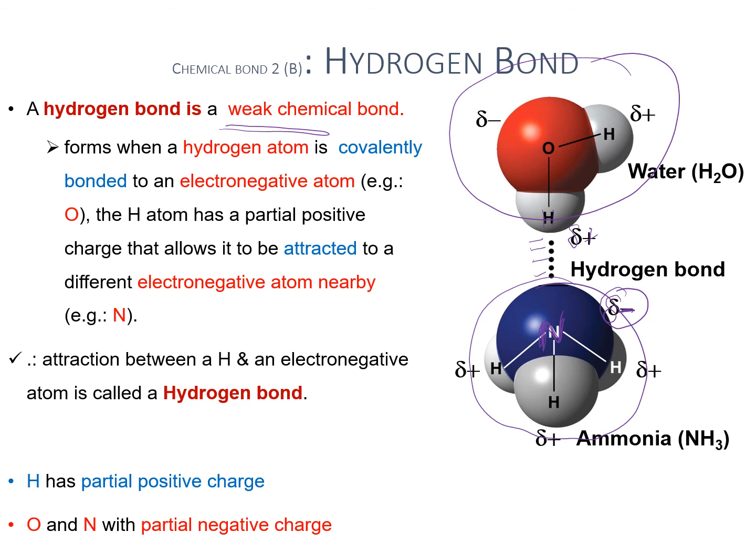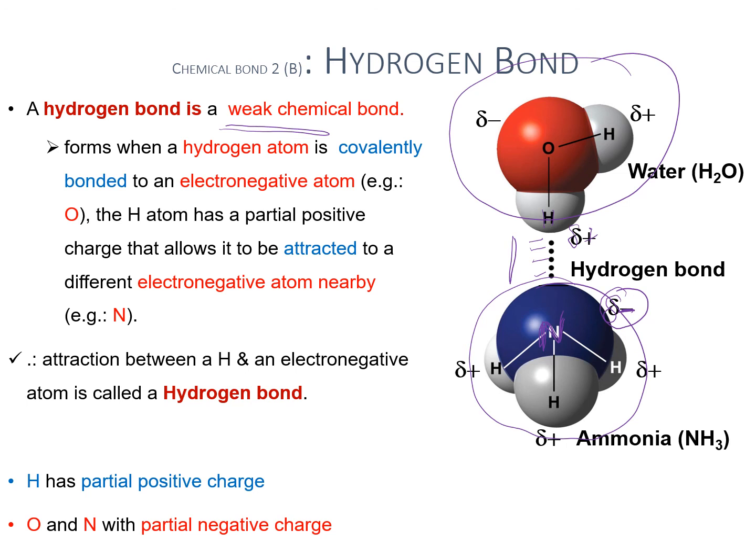So remember, whenever you draw a hydrogen bond, you have to draw it using a dotted line. You cannot draw it using a straight line. If you draw a straight line, it indicates that it is not a hydrogen bond, but instead a covalent bond.